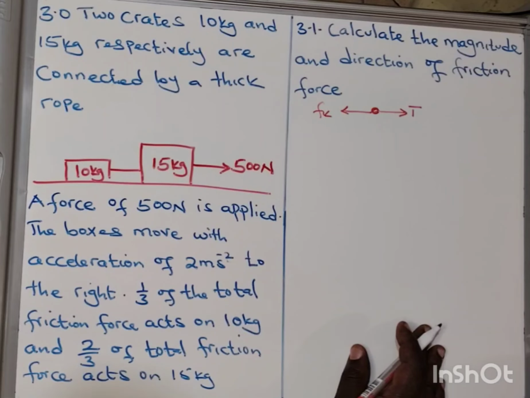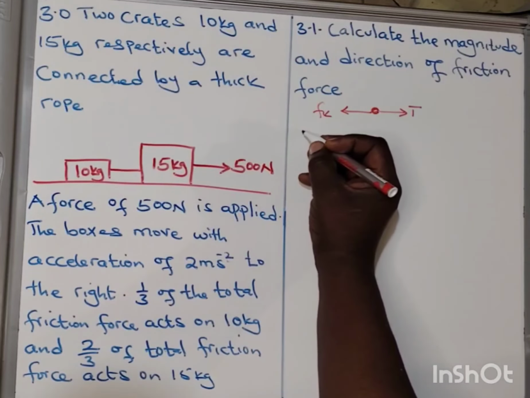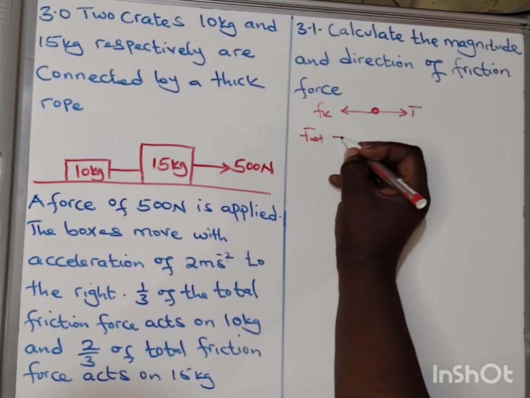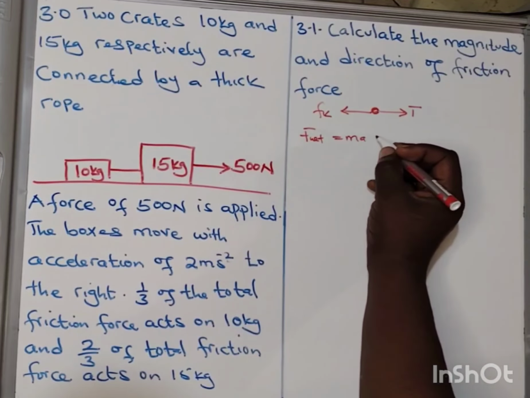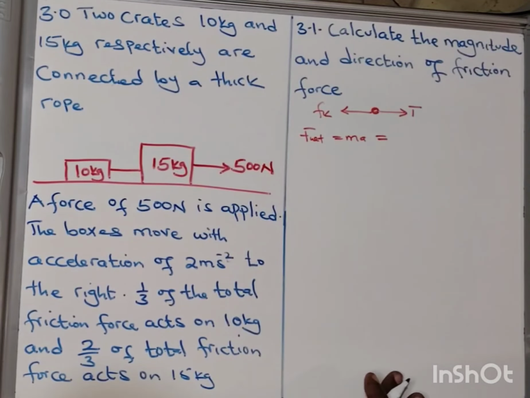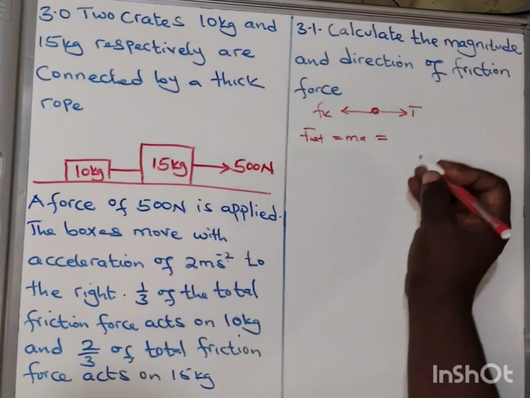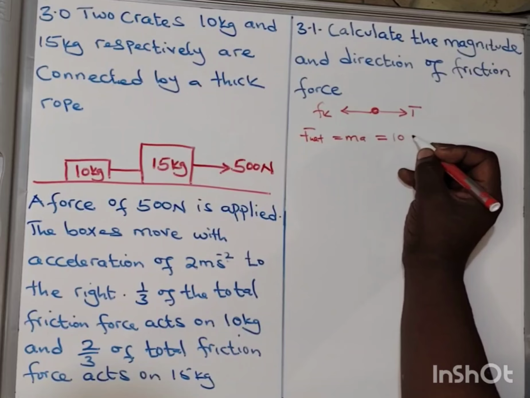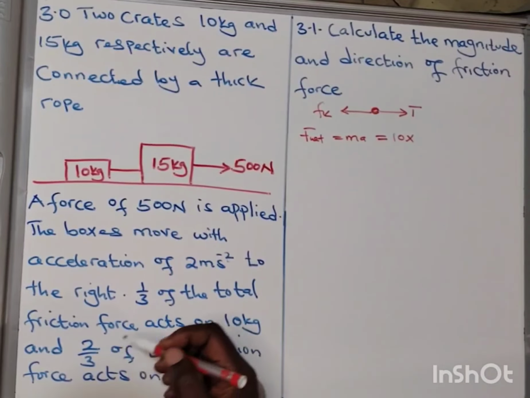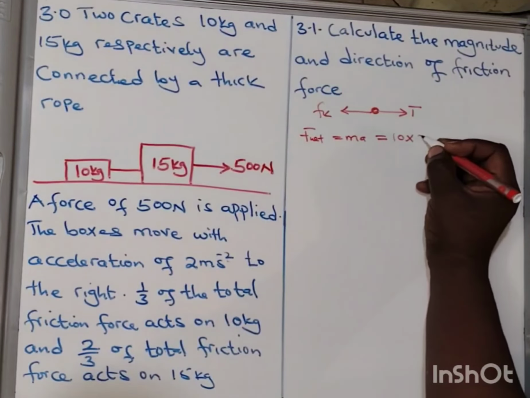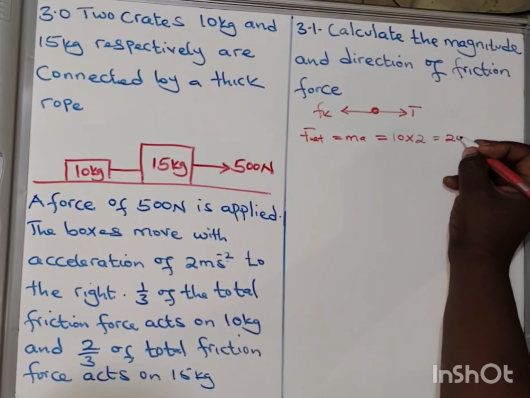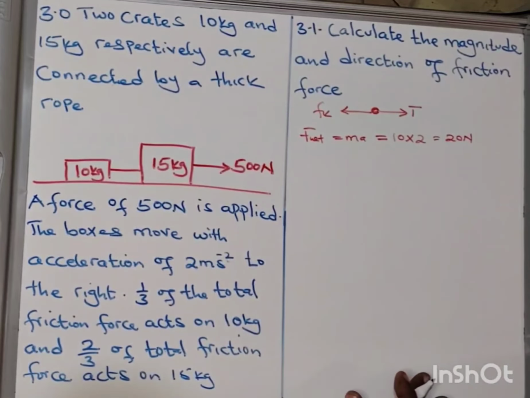And with that, what do we do? You have the equation. The equation says F net is equal to MA. And do you know the mass? Yes, the mass is 10 kg. And the acceleration is 2. That gives you 20 newtons as the net force.